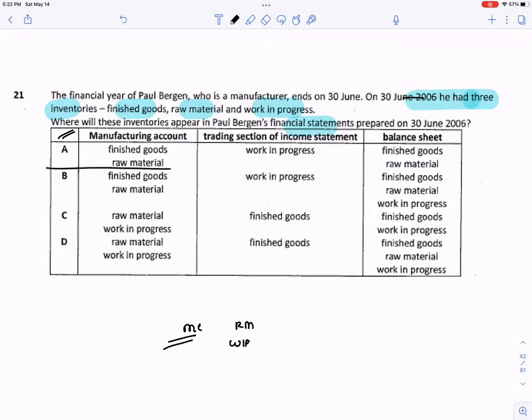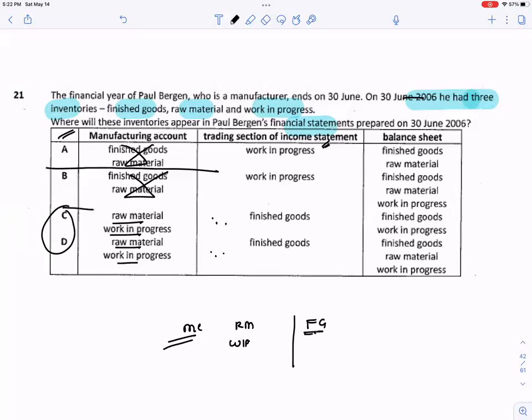So if they've given finished goods, that means this option is wrong. Raw material and work in progress, this is correct. Inventory of finished goods appears in the trading account. So that means C and D are both correct.